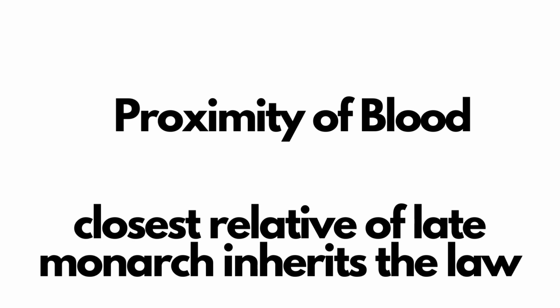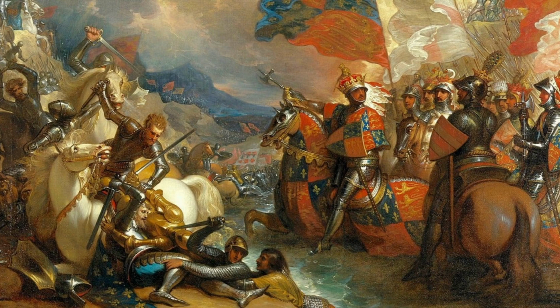In this system, the person closest in degree of kinship to the sovereign succeeds, preferring males over females and elder over younger siblings. It has been used in cases where there is no clear successor or during times of political instability. When a monarch dies without a clear successor, a succession crisis often follows, and in the past, frequently resulted in a war of succession.